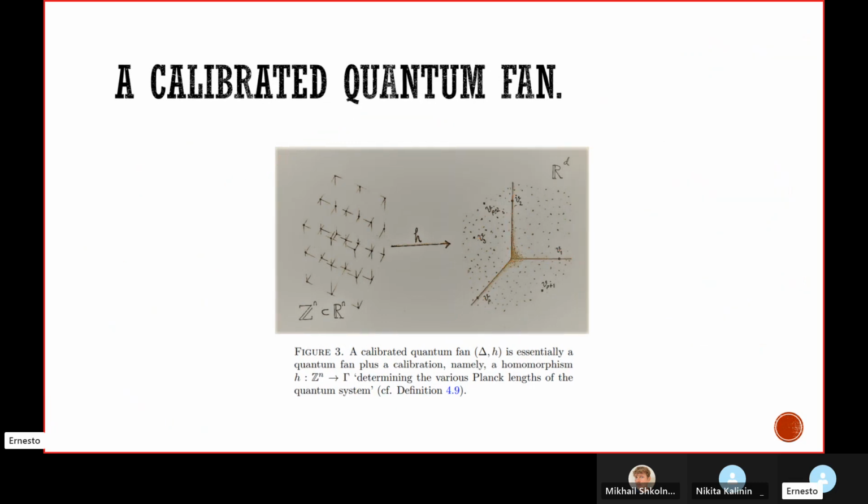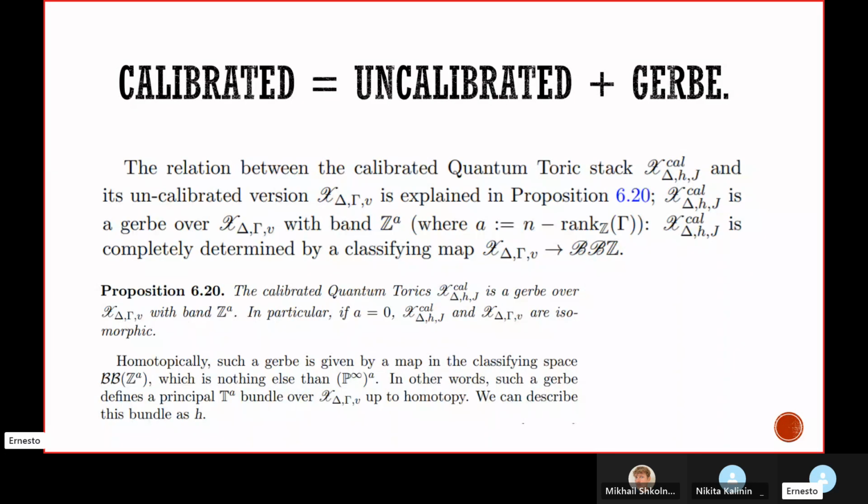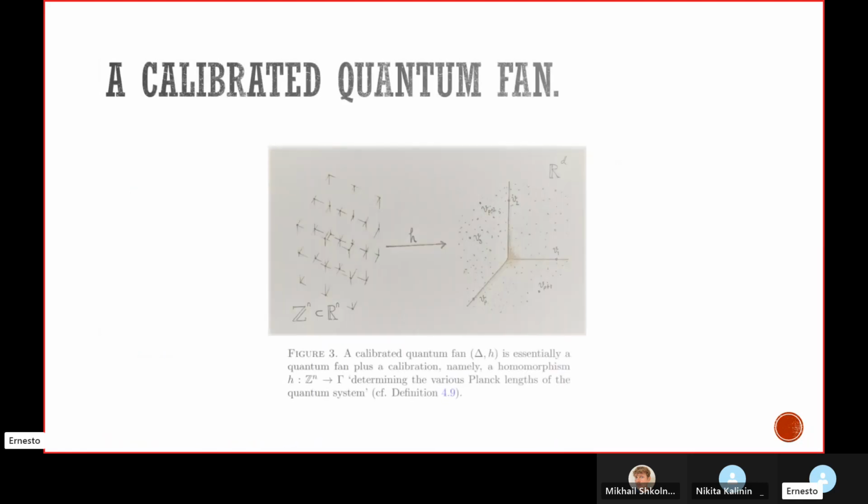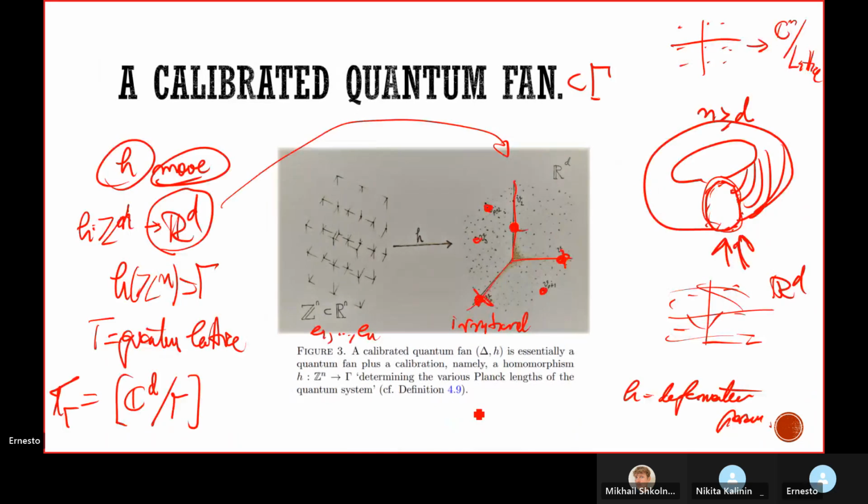A calibrated quantum fan is all you need to produce a toric space given by that calibrated quantum information, where delta is the fan per se.